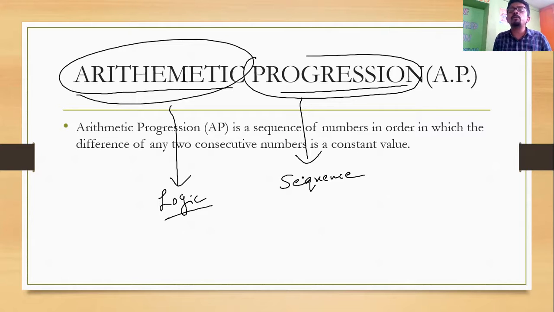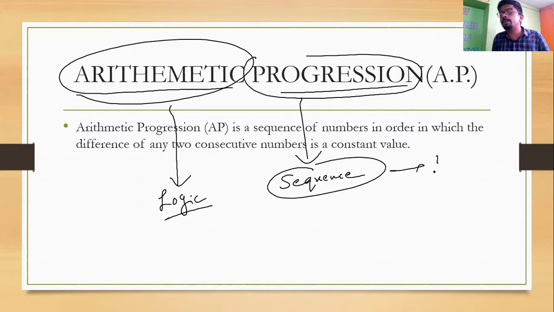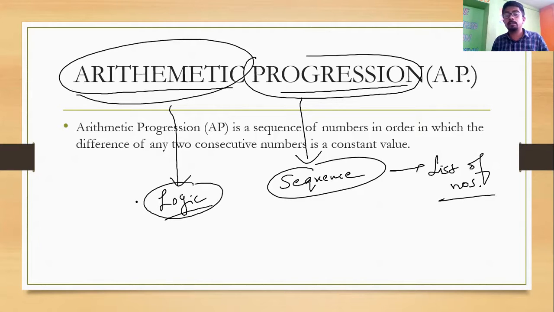Let me come to this word also, sequence. Sequence means a list of numbers. So basically progression suggests a list of numbers. The numbers are in the list, in an order, but that order should be maintained logically.